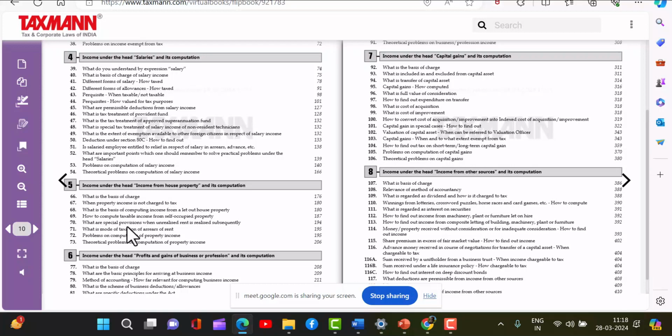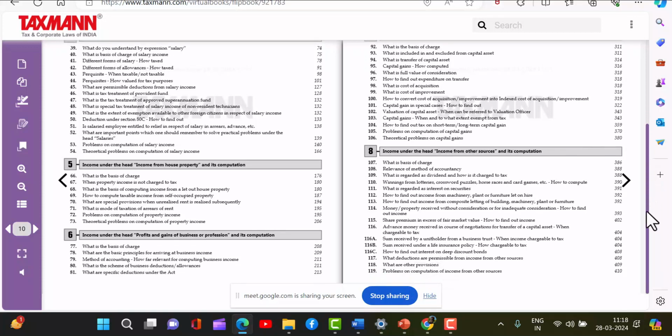The law is given under this. There are five heads: income from salaries, income from house property, and income from profits and gains of business. Suppose you are running a business, so all the rules regarding how you calculate your profit and how much tax you are supposed to pay are given under this part of the law.